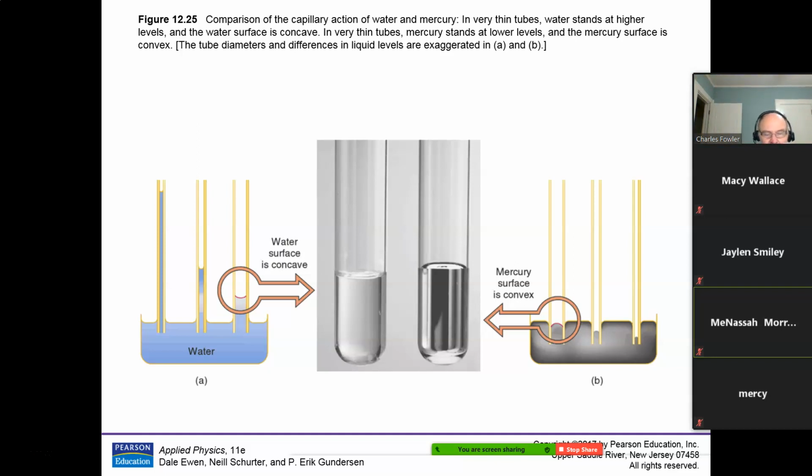It should sink, but that surface tension of water is holding that steel needle up. Okay, now the surprising thing, if you drop just a drop of surfactant, meaning soap, liquid soap, Dawn, something like that, into that water, bing, that needle goes down. Why?